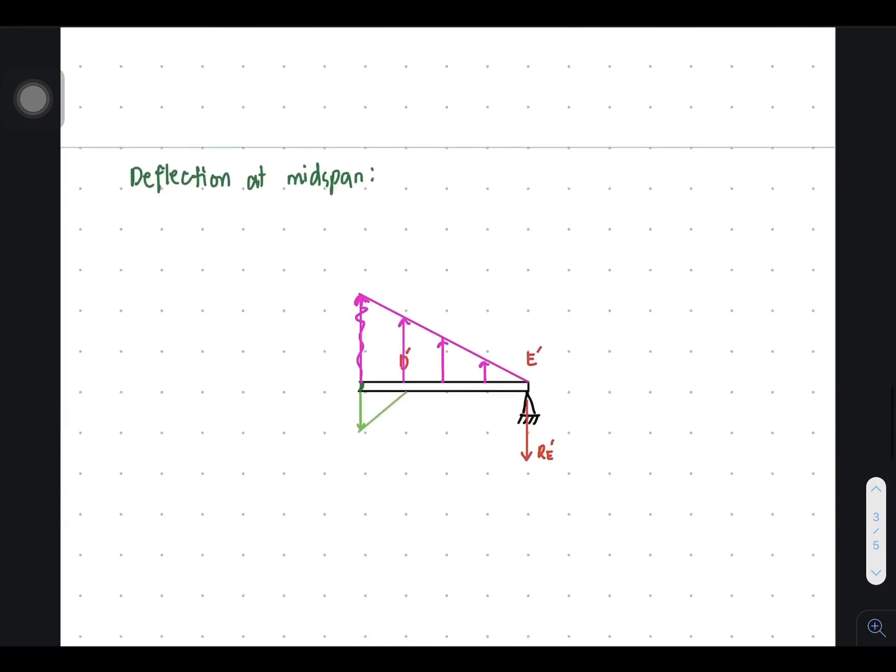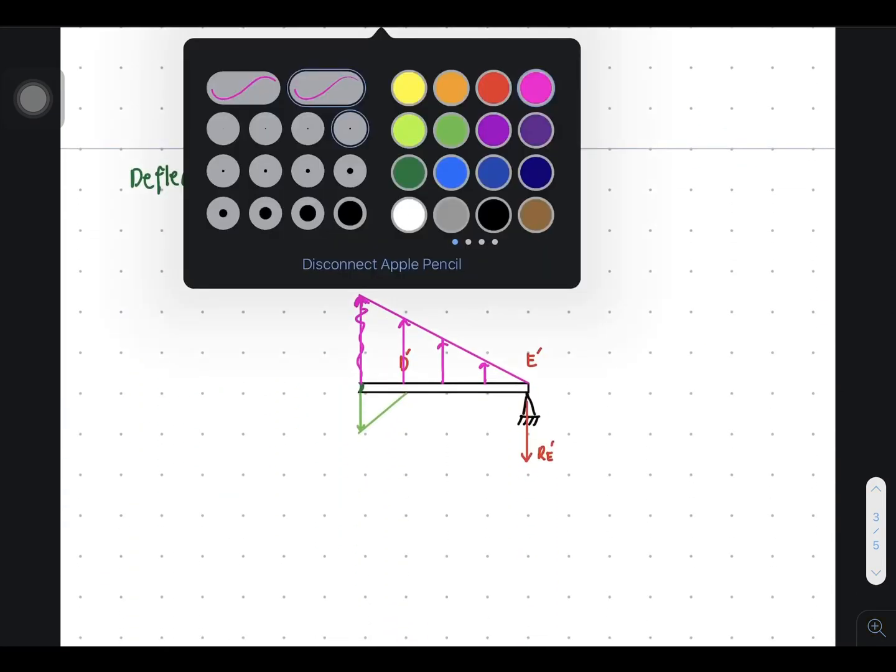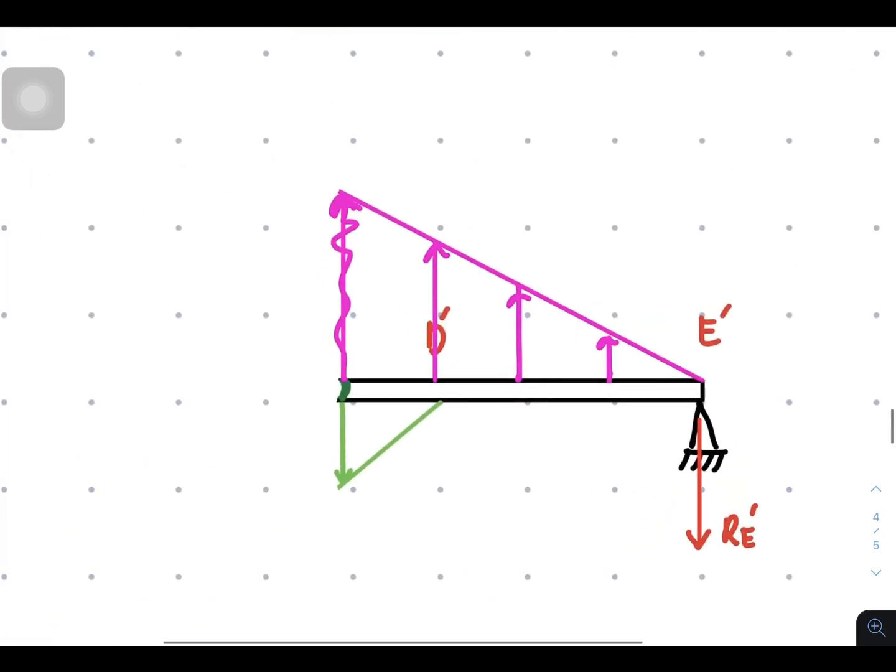So what are we going to do? And also for this smaller triangle we don't have this value, so let's call this one y1 and I'll call this y2.